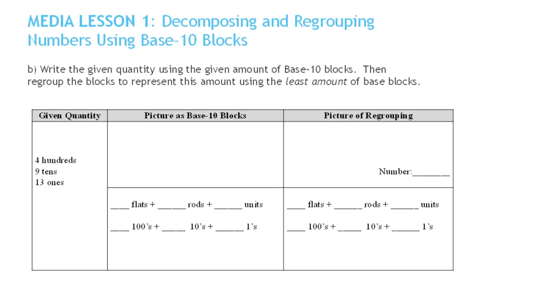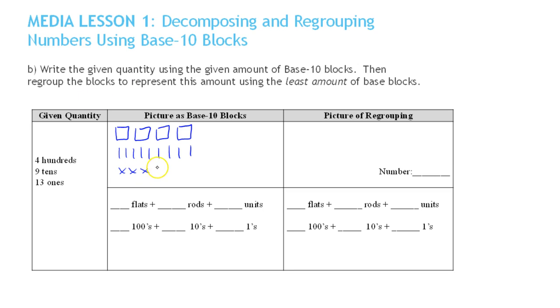Now let's look at an example of regrouping. So here we have 4 hundreds, 9 tens, and 13 ones. So let's represent that using base 10 blocks. So 4 hundreds would be 4 flats. Then we have 9 tens, and 13 ones.